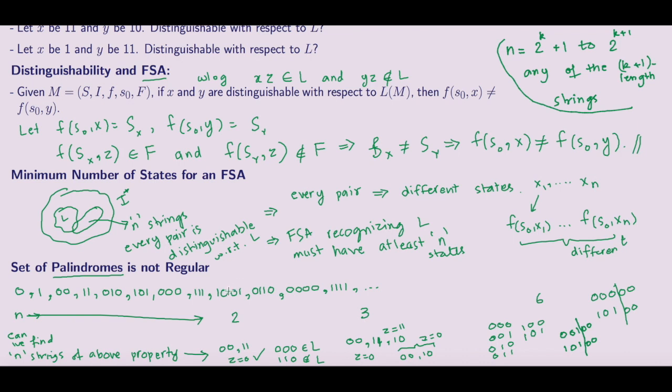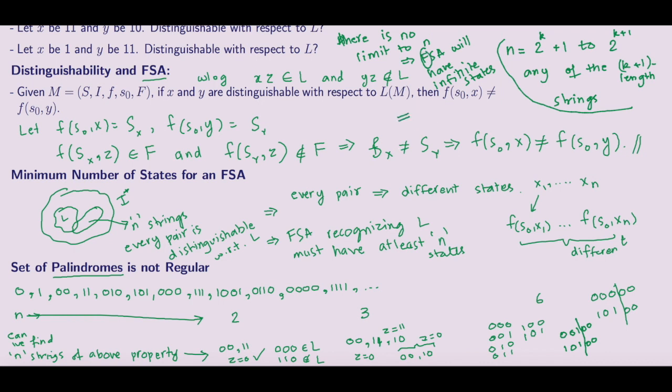What does it tell us? Since n is arbitrary, there is no limit to n. This means the corresponding FSA will have infinite states, right? But FSA is a finite state automaton.